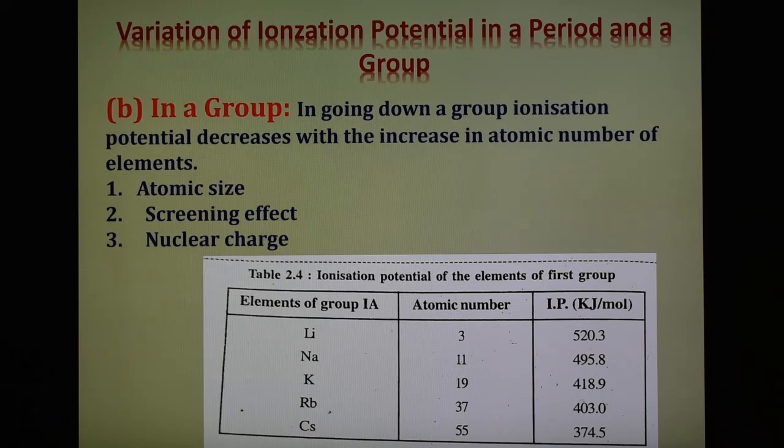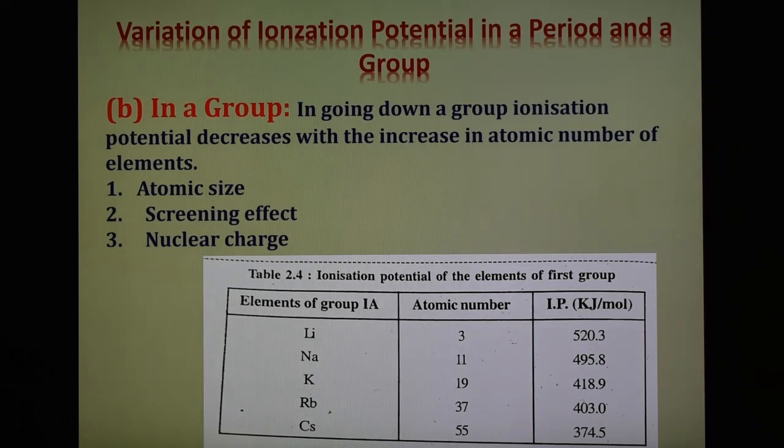Now the second factor is the scaling effect. What is the scaling effect? It is also known as the shielding effect, and it is the effect of electrons of the inner shell on the electrons of the valence shell. The valence shell electron is attracted by the nucleus, while it is repelled by the electrons present in the inner shell.